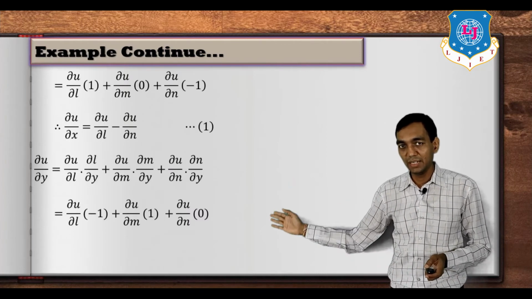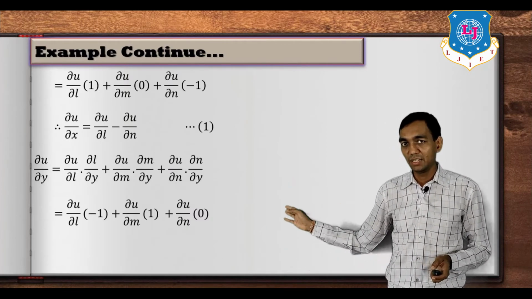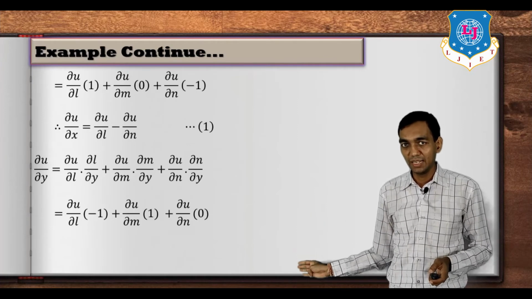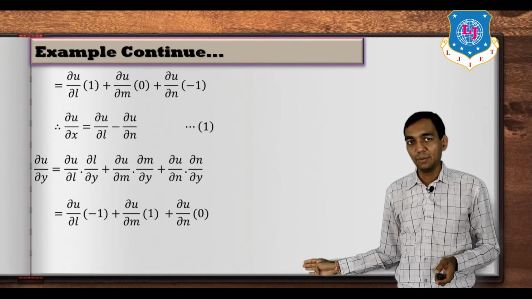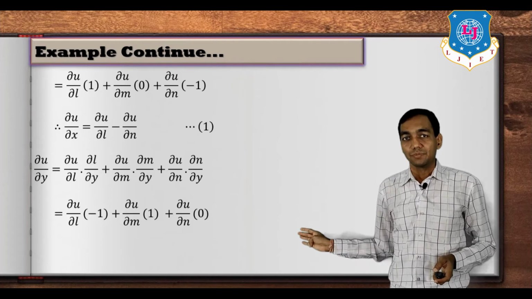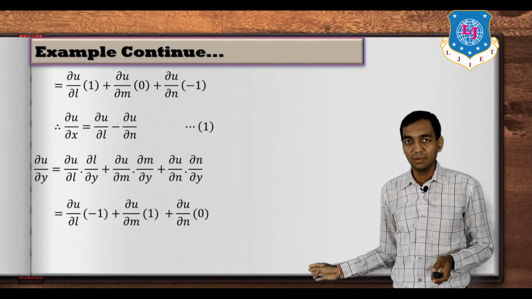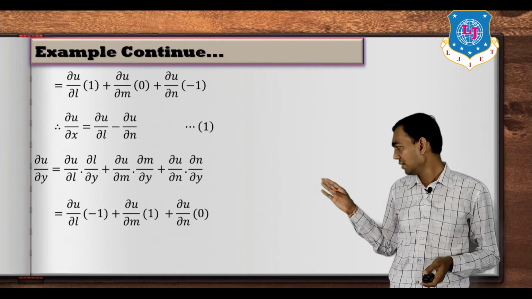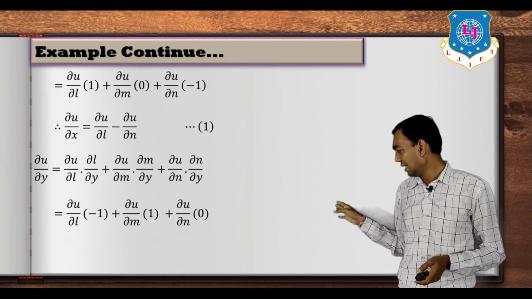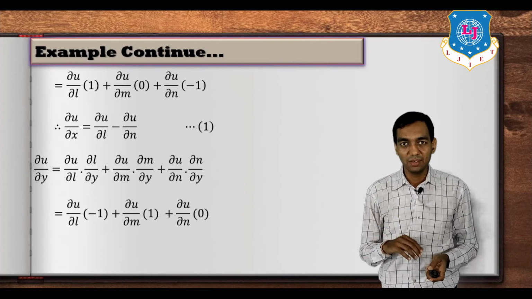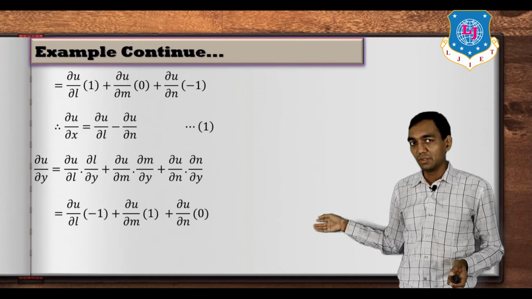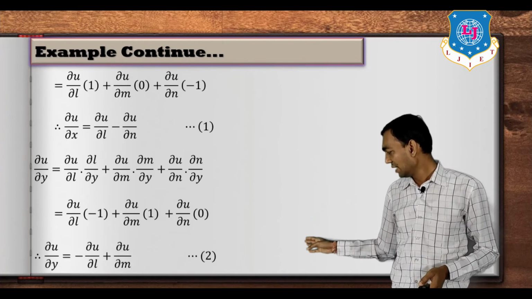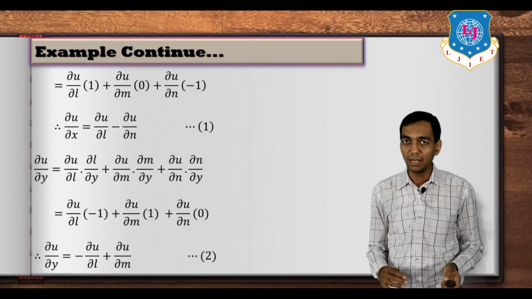In the same manner, if you are finding del u by del y, then it is del u by del L into del L by del y plus del u by del m into del m by del y plus del u by del n into del n by del y. Again putting the values of del L by del y, del m by del y and del n by del y, that will give you the simplified term minus del u by del L plus del u by del m.